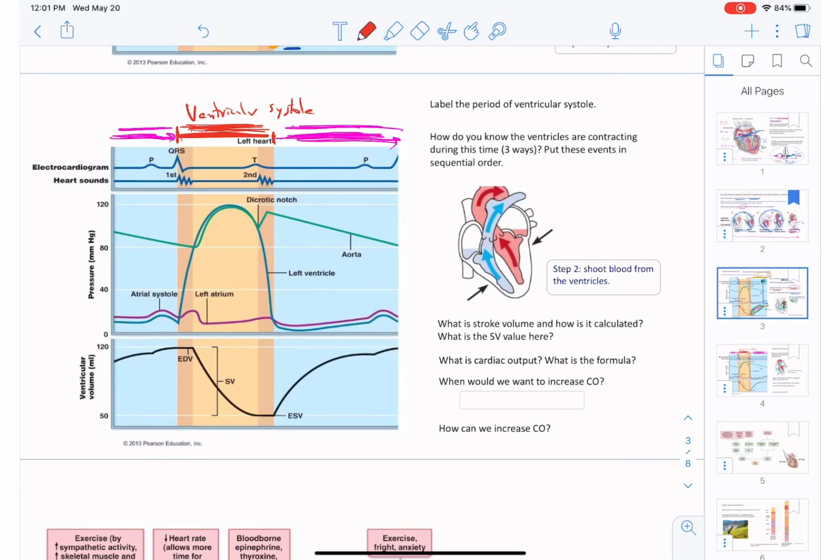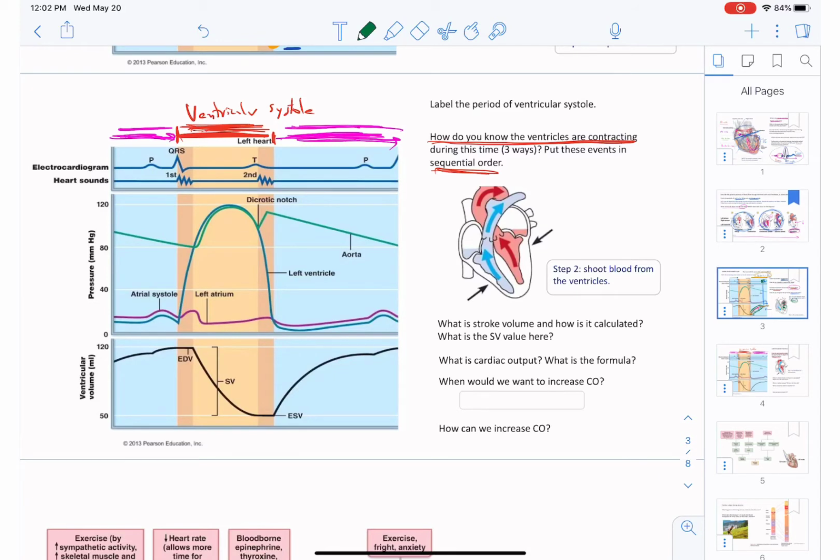So based on this diagram, how do you know that the ventricles are contracting? I want you to identify 3 different ways during this period that you know that the ventricles are contracting. And I'd like you to put these in sequential order. So what's the first way that you know that the ventricles are contracting?